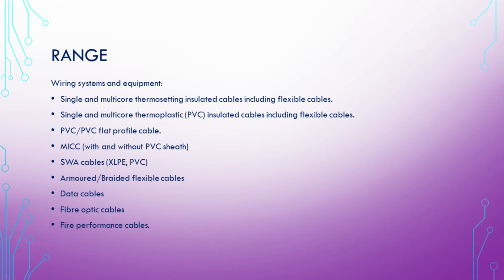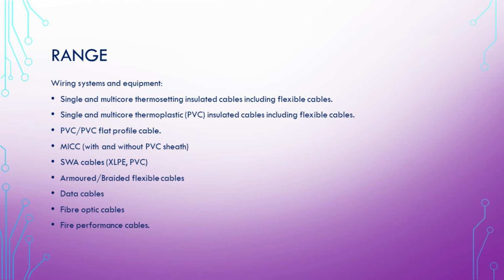So you need to understand about single and multi-core thermosetting insulated cables, including flexible cables, single and multi-core thermoplastic PVC insulated cables including flexible cables, PVC flat profile cable, MICC with and without PVC sheath, SWA cables, XLPE and PVC armoured braided flexible cables, data cables, fibre optic cables and fire performance cables.